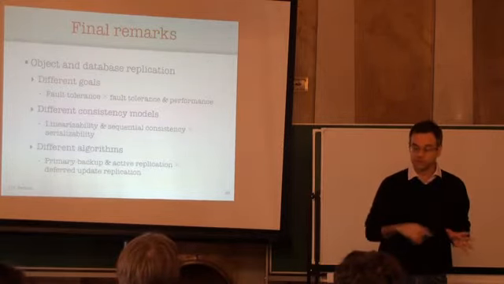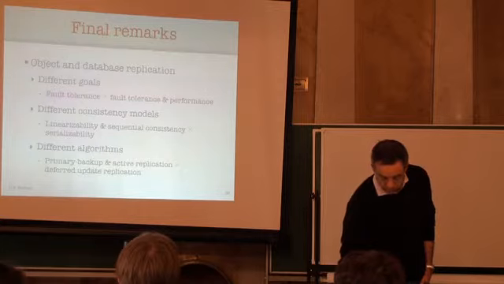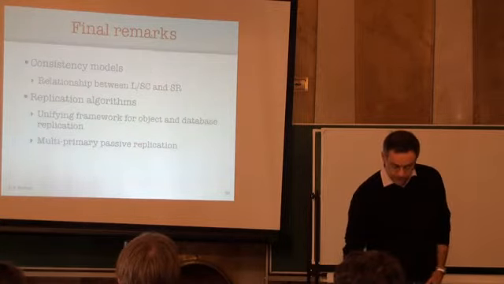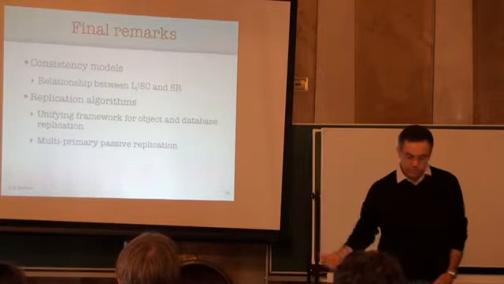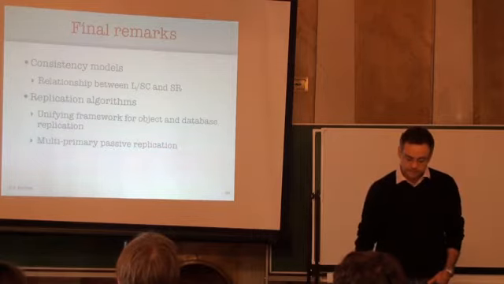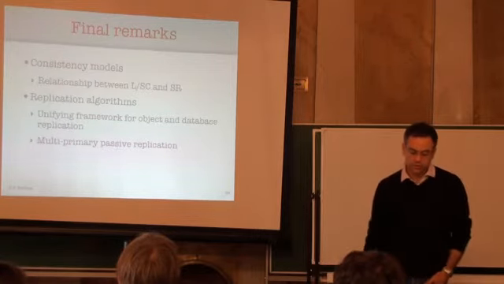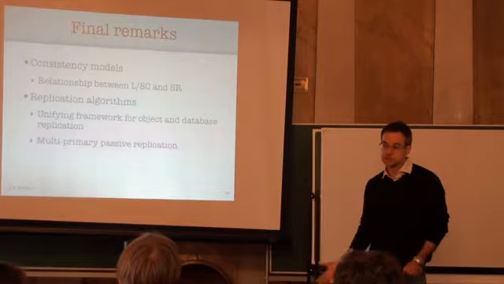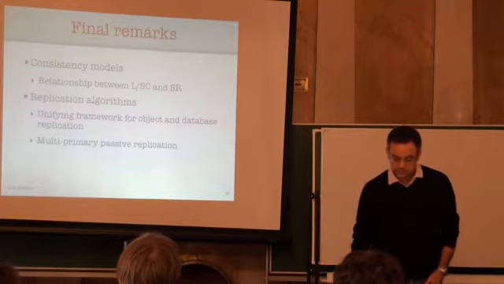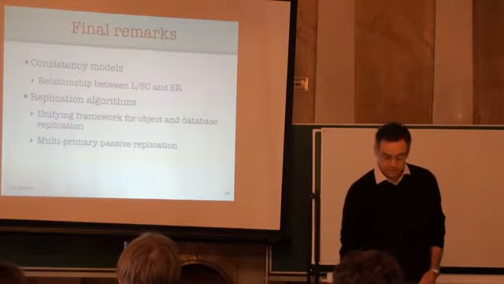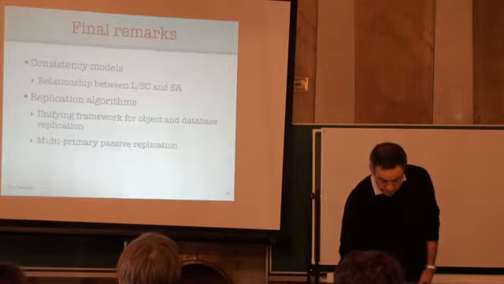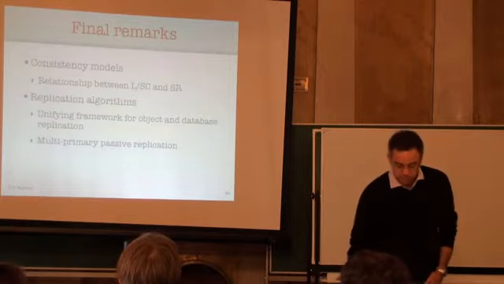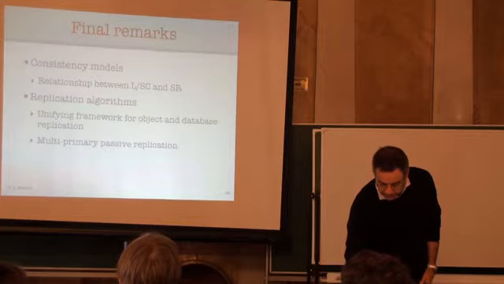Actually, there are ways to bridge the difference between the two classes of algorithms. We also saw the relationship between the consistency criteria, and I showed you how to reason about these algorithms using a common framework that hopefully simplifies the understanding of the many algorithms that exist. And then, using these ideas, I showed you a new protocol, which is multi-primary passive replication.